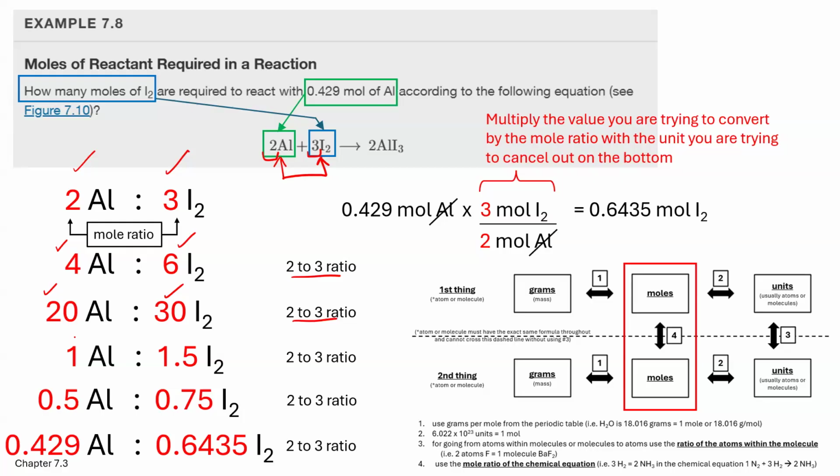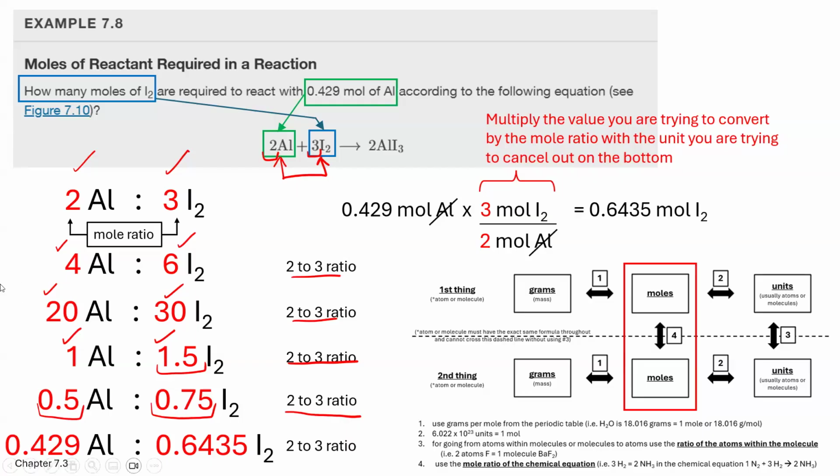You could even go in decimals. You could have 1 here, but since it's a 2 to 3 ratio, you have to have 1.5 iodines, but it's still a 2 to 3 ratio. You can do smaller decimals, 0.5. It still has to be a 2 to 3 ratio, so it makes it 0.75 of iodine.